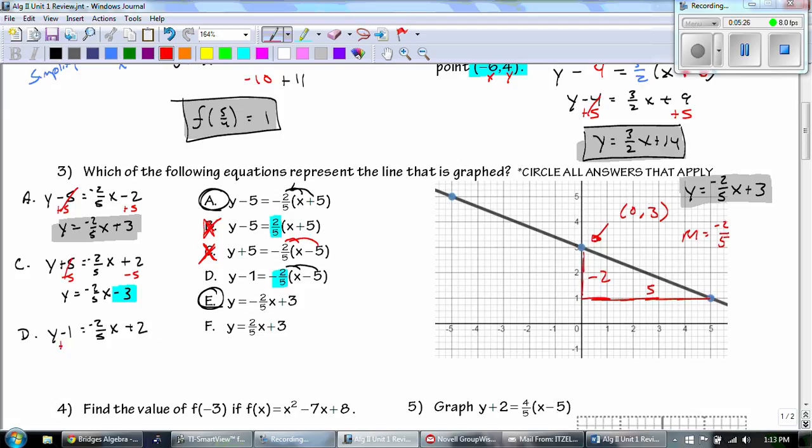And then to get the y by itself, I add 1 to both sides. And we get y equals negative 2 over 5x plus 3. Ding, ding, ding! That's what we wanted. Okay, and the last one, right away, my slope's different.